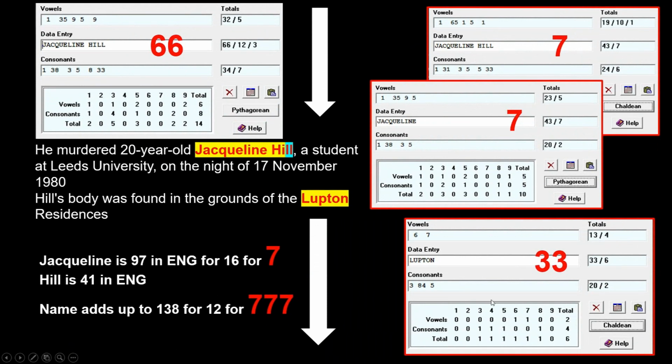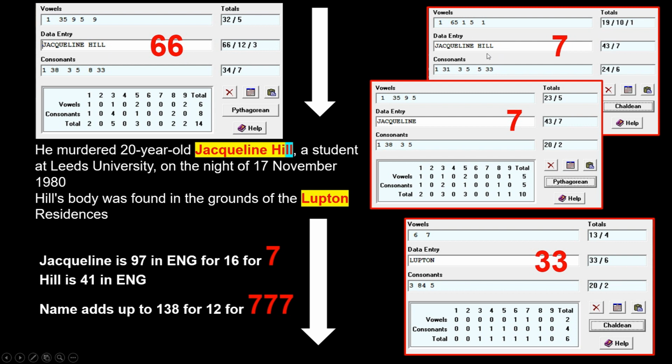Okay, so now we've got Jacqueline Hill. So he murdered 20-year-old Jacqueline Hill, a student at Leeds University, on the night of the 17th of November. So I suppose you've got 17 and 11 there for 28, 4 sevens. We've got Jacqueline Hill, Pythagorean, is 66.